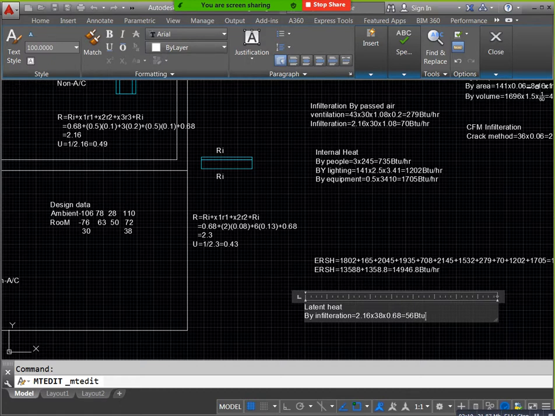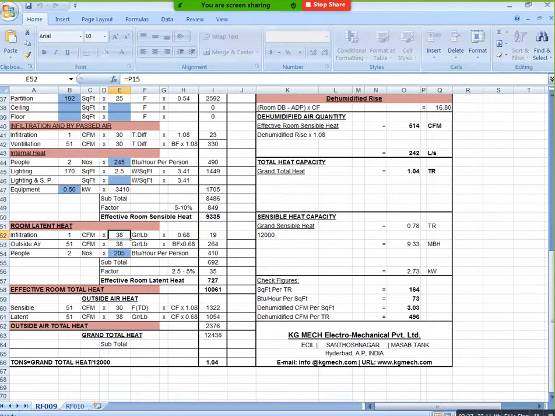Next we need to calculate for outside air. Outside air means nothing but ventilation you will consider here. Now you can see for outside air condition also we have the same: CFM ventilation into humidity ratio difference into bypass factor into 0.68.